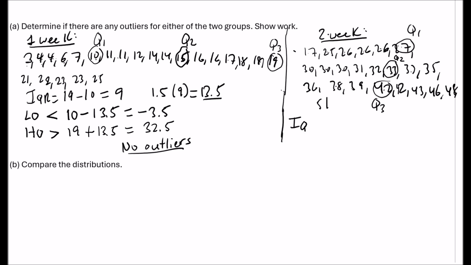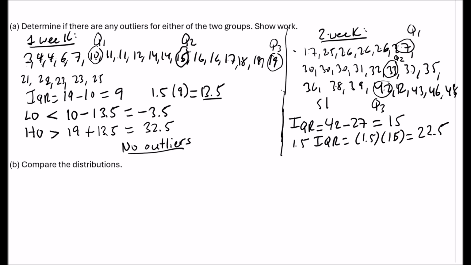So the IQR is 3rd quartile minus the 1st quartile, which is 15. And then we're going to do 1.5 IQR. 1.5 times 15. Let's figure out what that is. Okay, so we got 22.5.